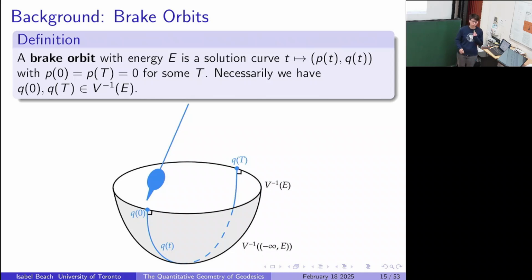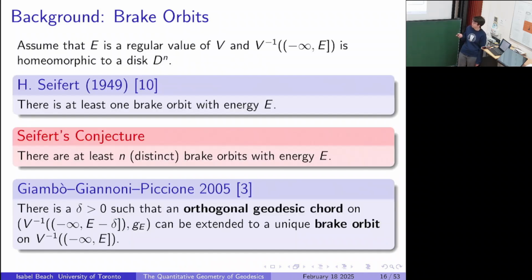So the question is, how are these solutions of Hamiltonian systems related to our orthogonal geodesic chords? It turns out that for a small delta, if you look at a slightly smaller sublevel set of my function V, from minus infinity to E minus delta, you can consider what's called the Jacobi metric.